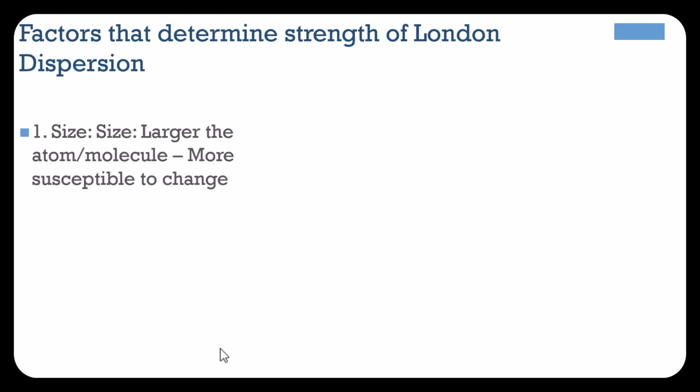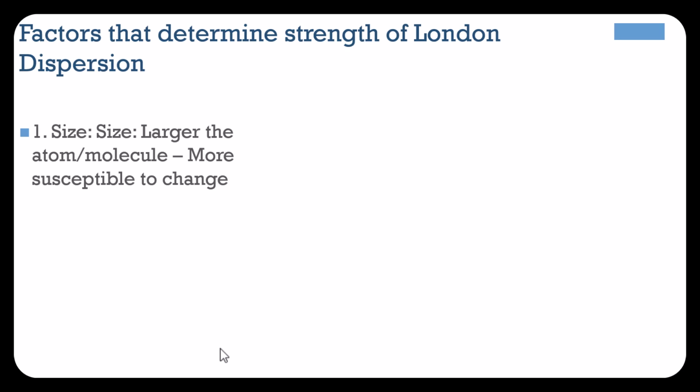So the first thing that's going to determine how susceptible these electrons are to being changed is the size. So the larger the atom or molecule, the more susceptible those electrons are to being moved or changed or polarized.